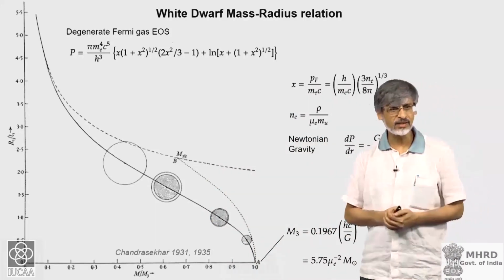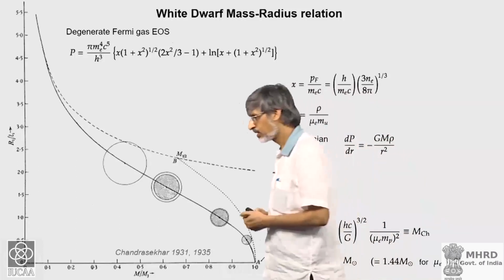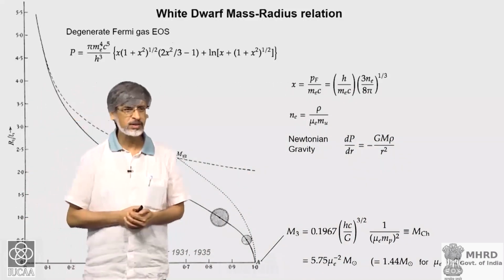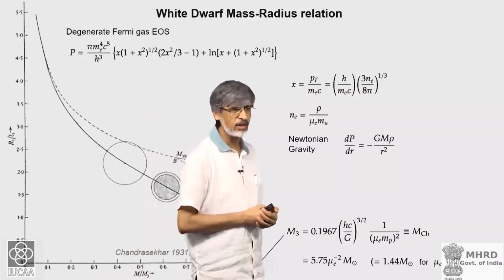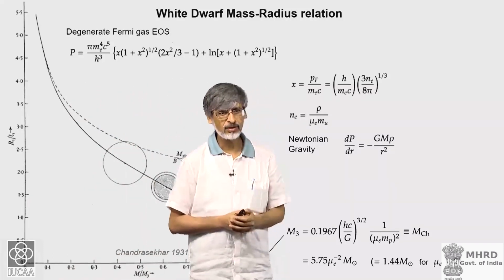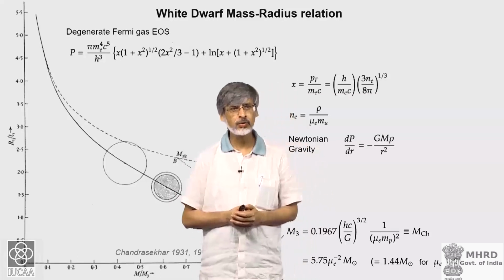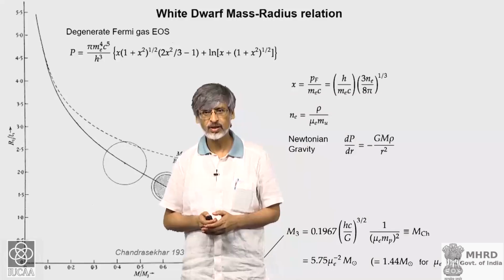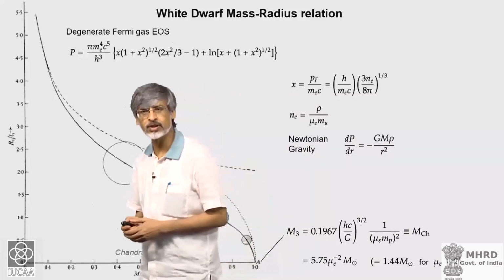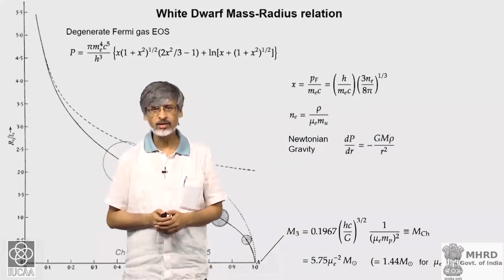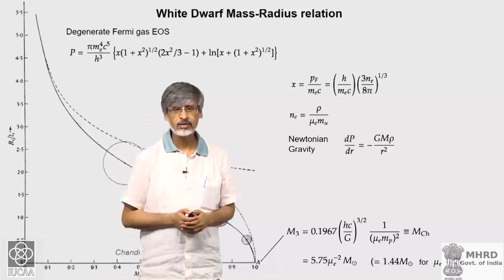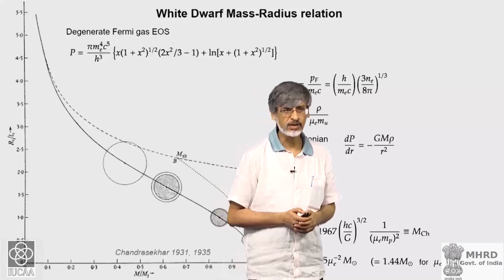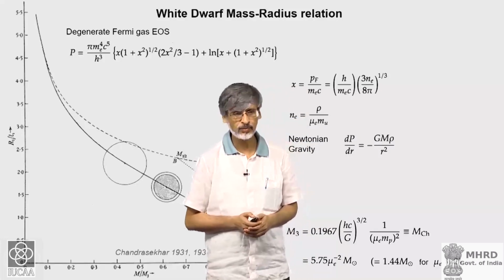In all these cases, there are roughly equal number of protons and neutrons, which means for every electron there are 2 nucleons. So, mu_e is 2 for almost all of these cases. So, once you put mu_e equal to 2 in this expression, you get a value which is 1.44 times the mass of the sun, which is the well known Chandrasekhar limit.